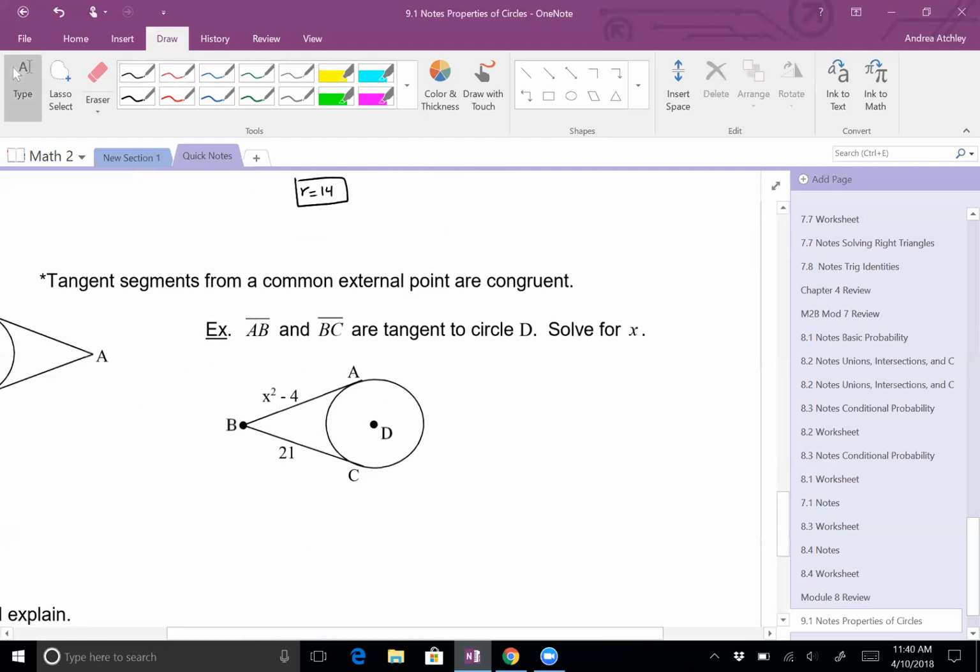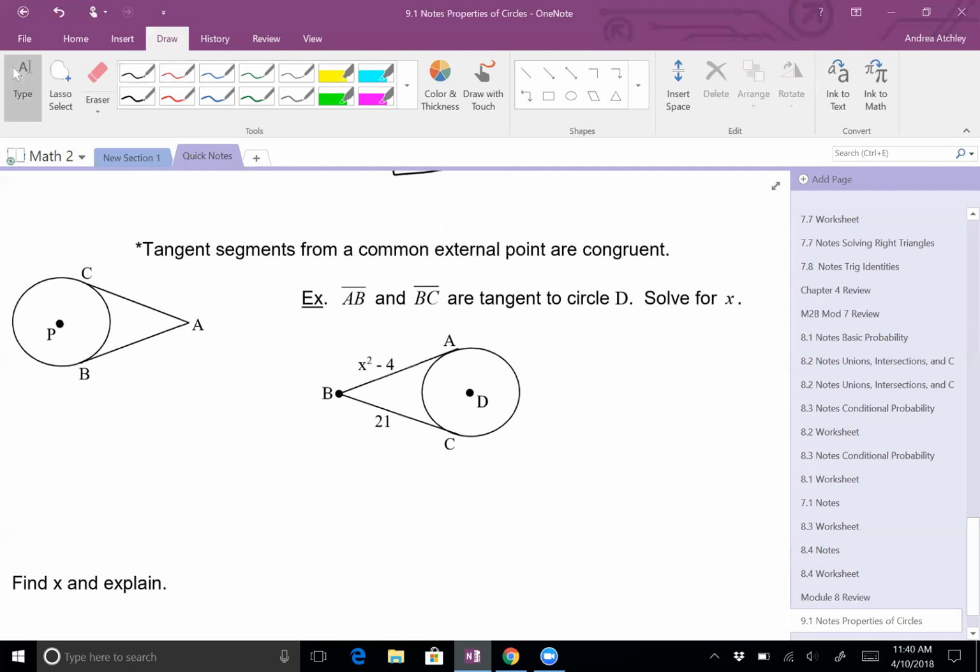Okay, our next theorem that we're going to learn is tangent segments from a common external point are congruent. Okay, so that's another theorem we need to highlight. Tangent segments from an external point are congruent.